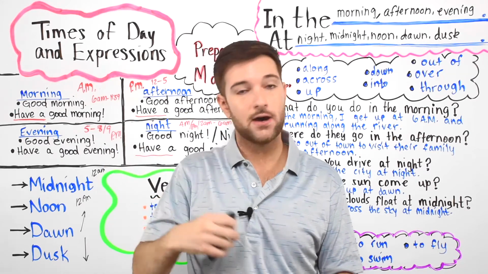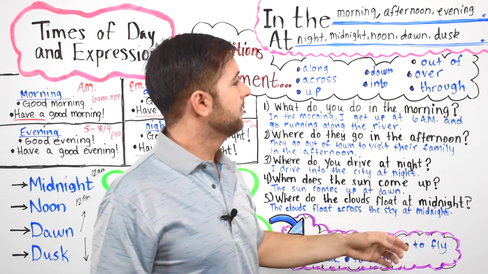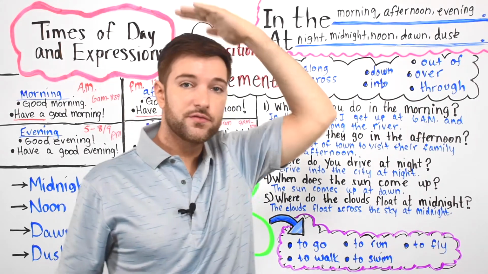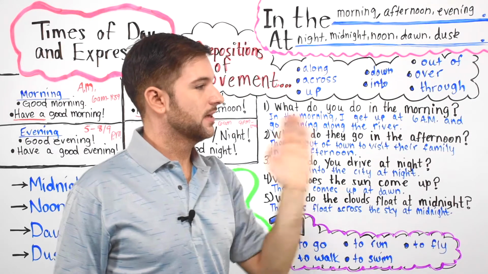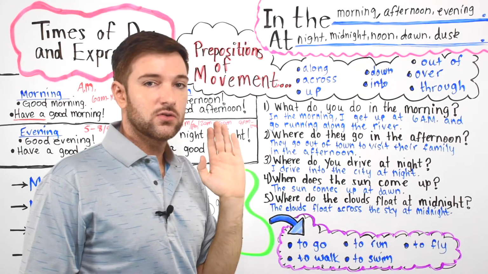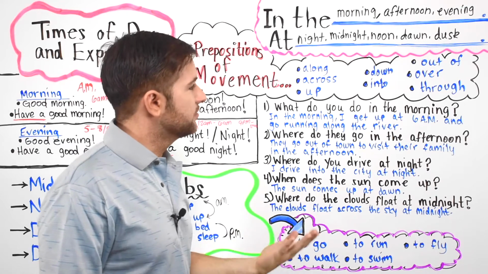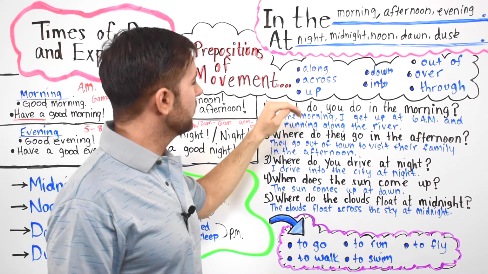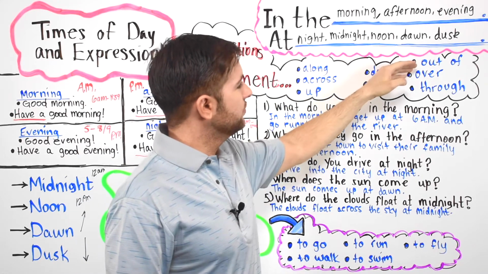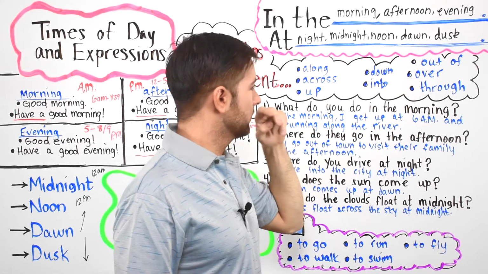So out of. Over, like over your head, and then through, right through the city, right through the body, right through something. So again, along, across, up, down, into, out of, over, and through.